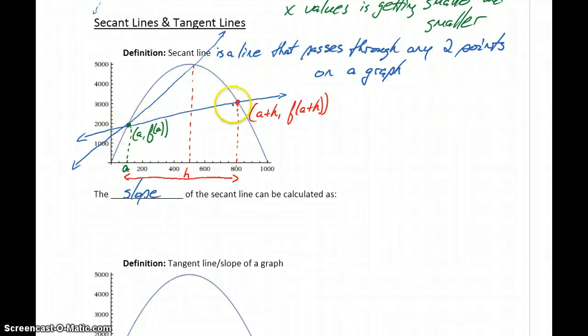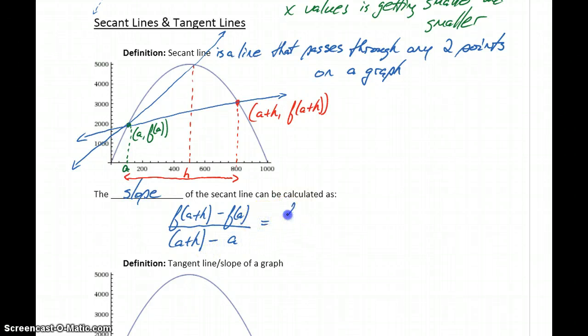So we have 2 points on a straight line, meaning we can calculate the slope of our line as f of a plus h minus f of a over a plus h minus a. And in this case, again, the denominator is going to simplify.